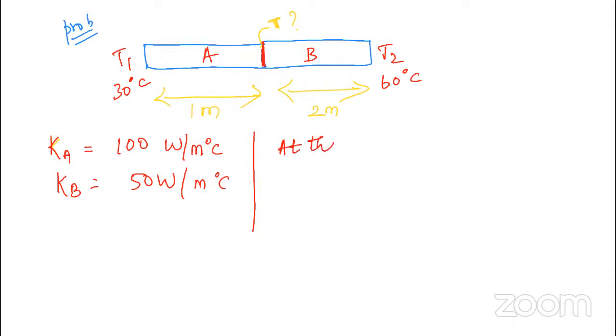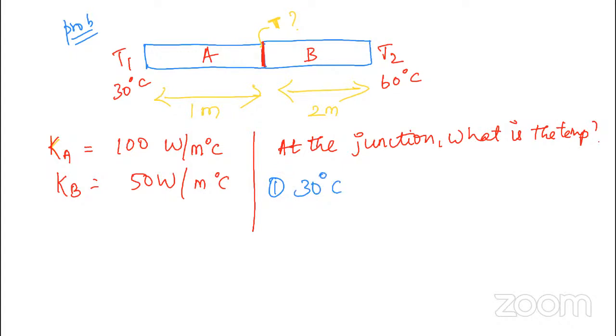The options are A 30 degree, B 32 degrees centigrade, C 36 degree centigrade, and D 41 degree centigrade. The formula for working out this problem we already know, we just saw it.